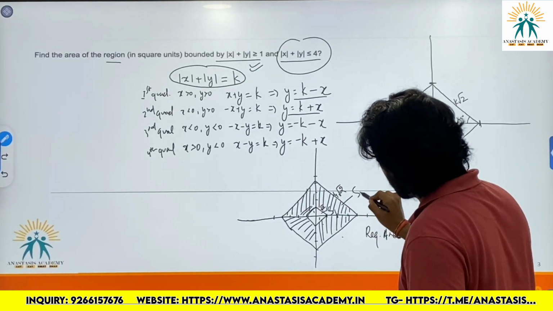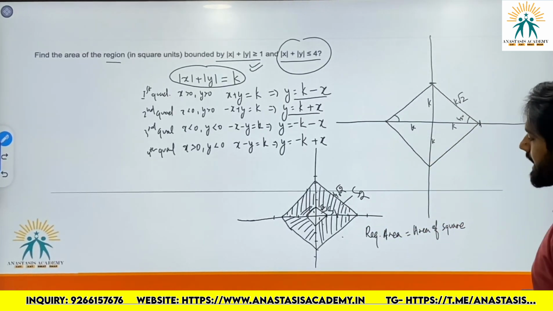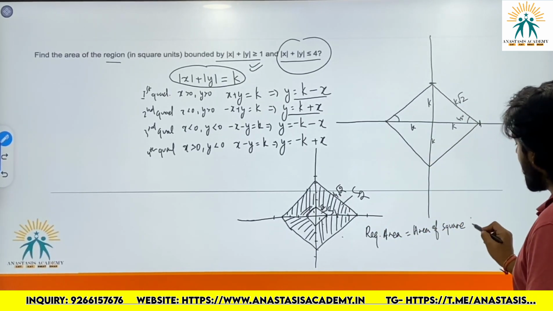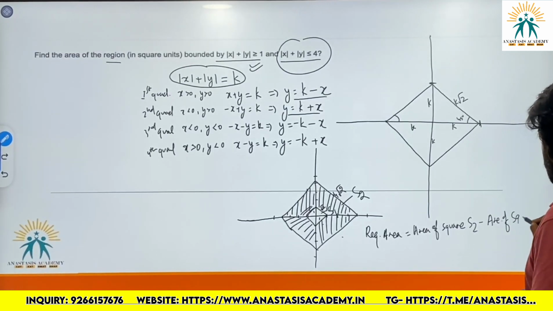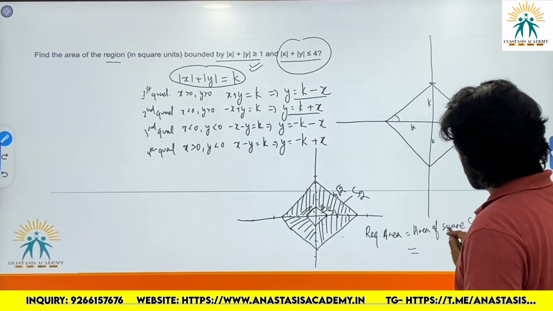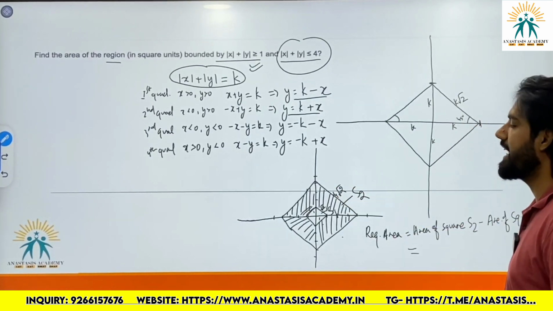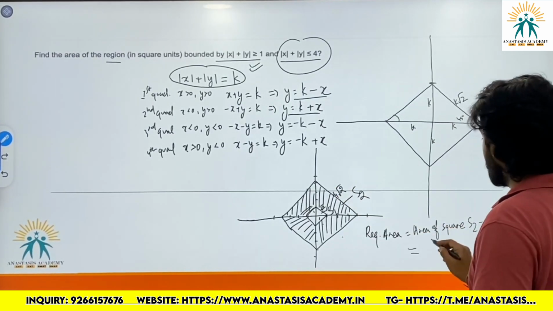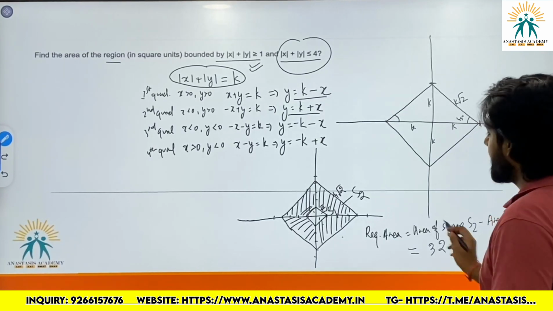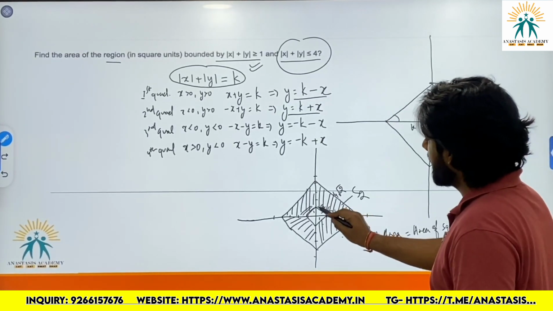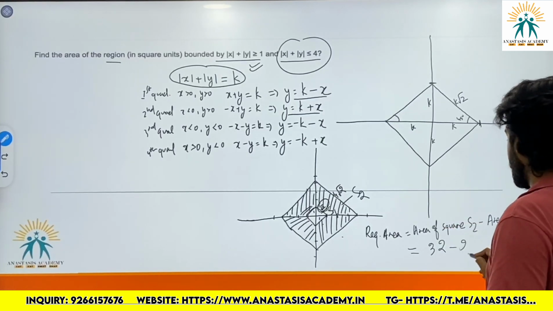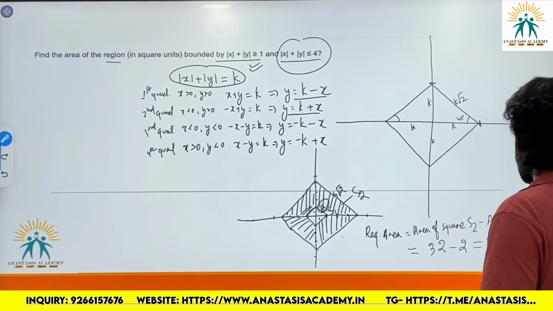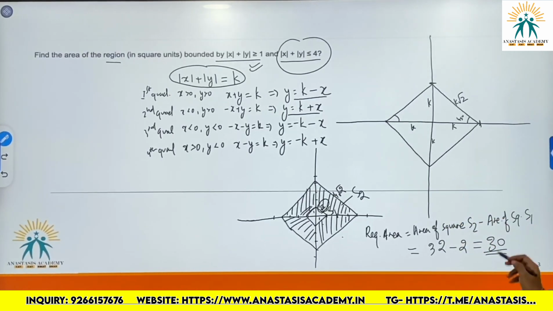I'm calling this square S1 and this square S2. So the required area would be area of square S2 minus area of square S1. Now the area of square S2, having side 4 root 2, would be 32, minus the area of square S1, which would be root 2 whole square, that is 2. So the required area bounded by these curves is 30.